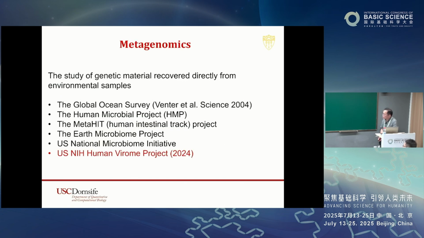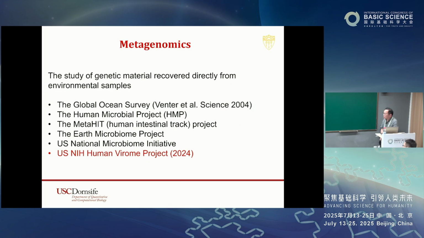So metagenomics is the study of genetic material from the environment, such as from the ocean, from the soil, or human body parts, such as the human gut, skin and nose.